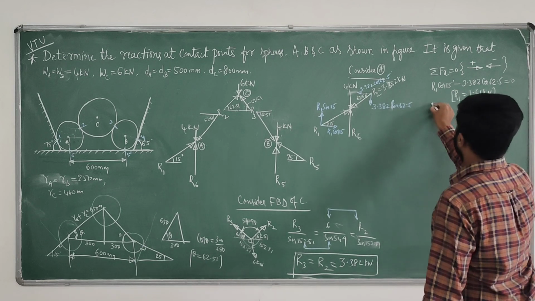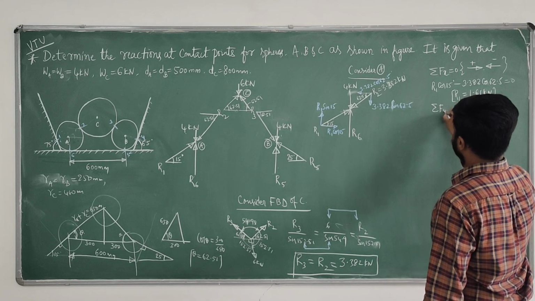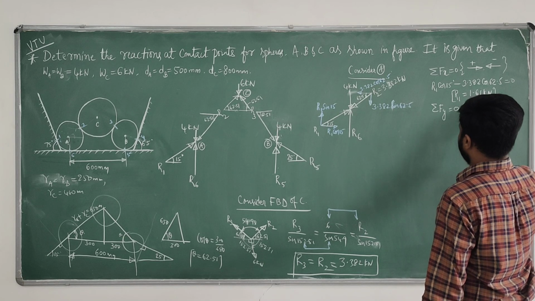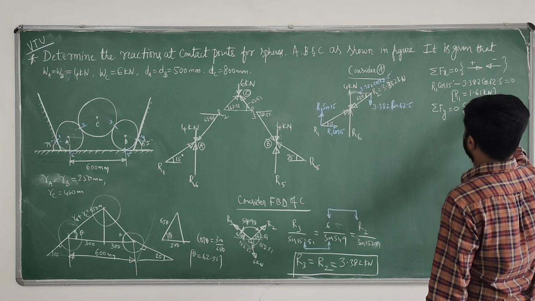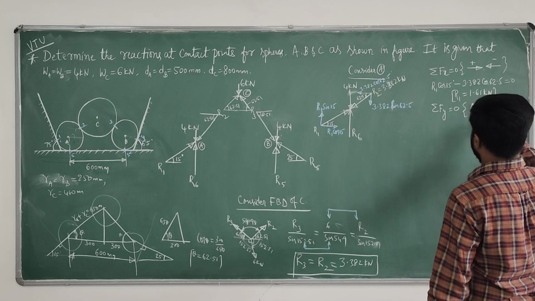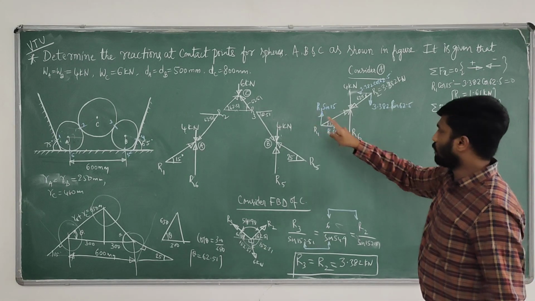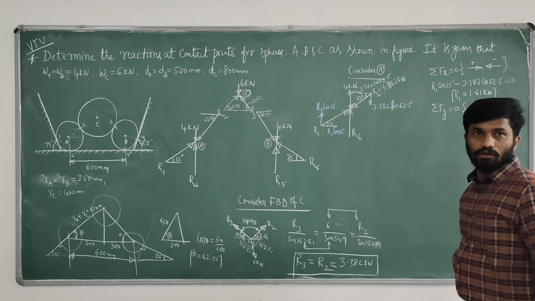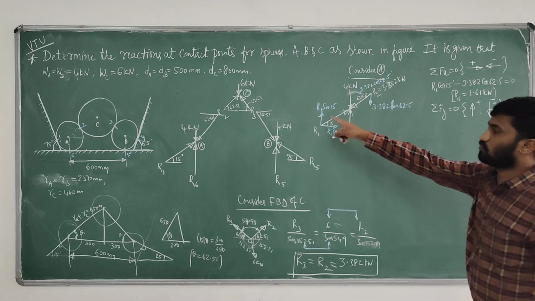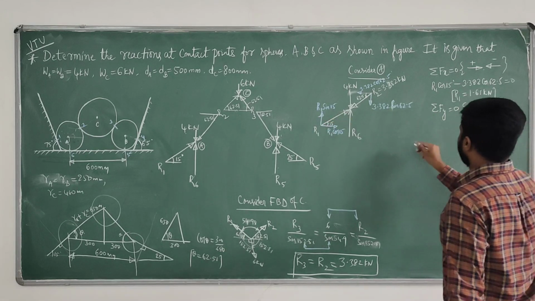Now apply sigma Fy equals 0. For this, use the sign convention: all upward forces are positive and all downward forces are negative. So totally how many vertical forces? 1, 2, 3, 4. 4 vertical forces. The R1 value is known, 1.61.